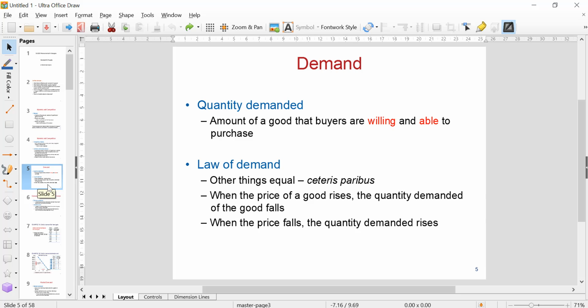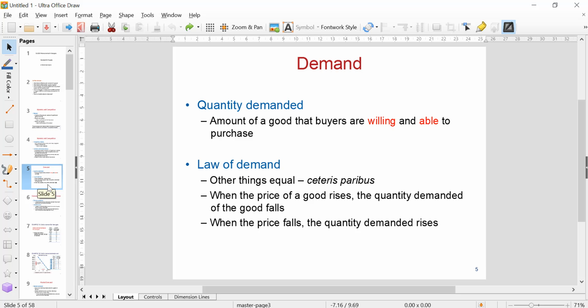And let's define the law of demand now. We usually assume that all other things are equal, or ceteris paribus. We hold everything else constant, and we change the price. So when the price of a good changes, the quantity demanded changes. When the price of a good increases, the quantity demanded for that good usually falls.